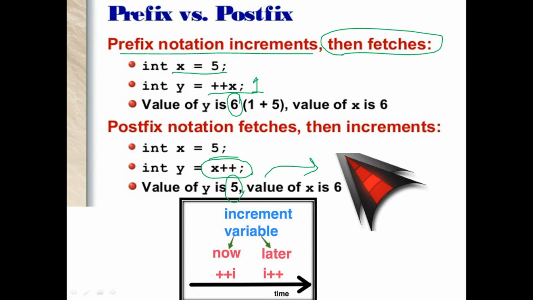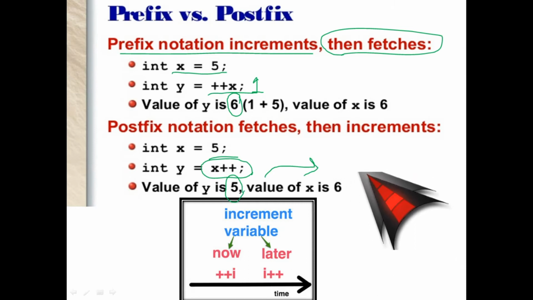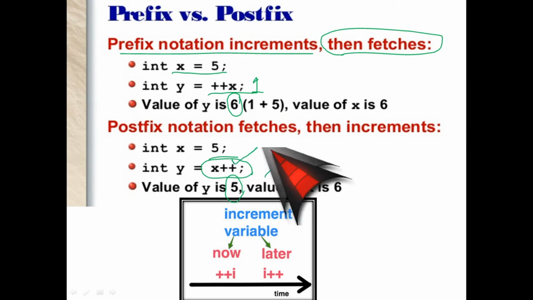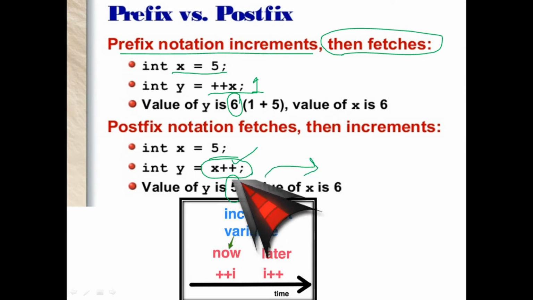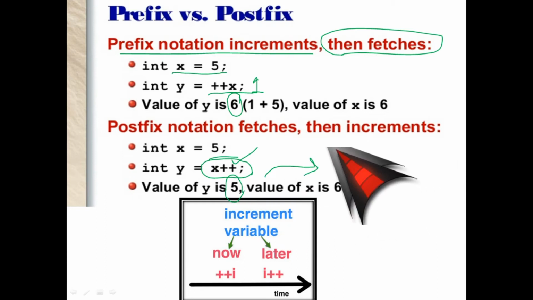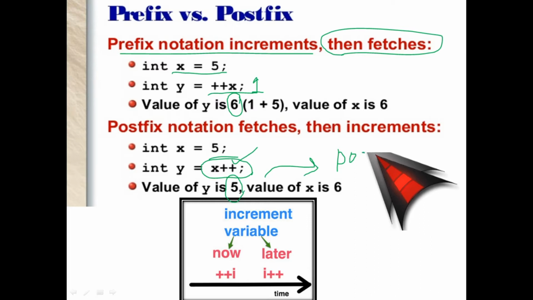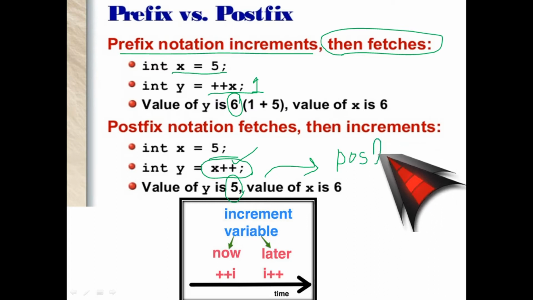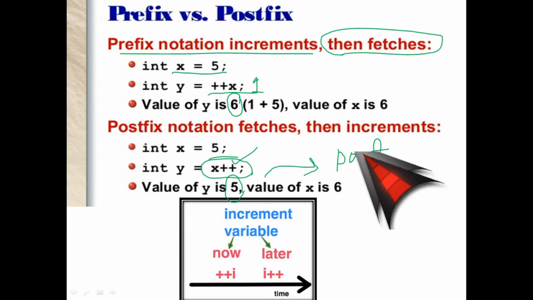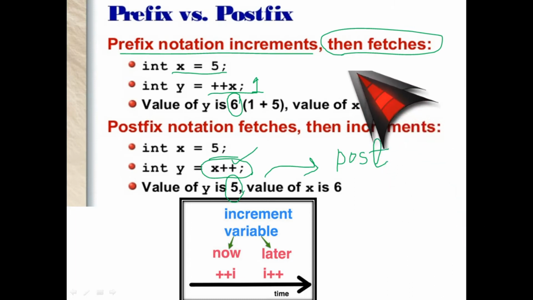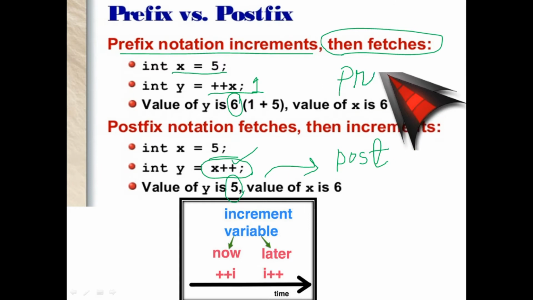But currently we are using the x only one time, so the value will remain the same. It is the post-increment. As it is a post-increment, the notation first fetches the value, then it will increment. But here it will first increment because it is a pre-increment, and then we will use the value.